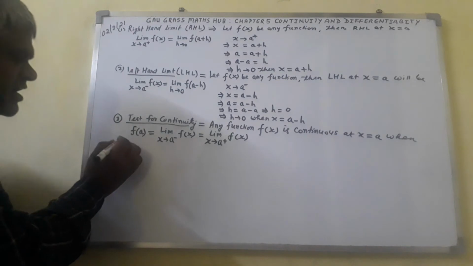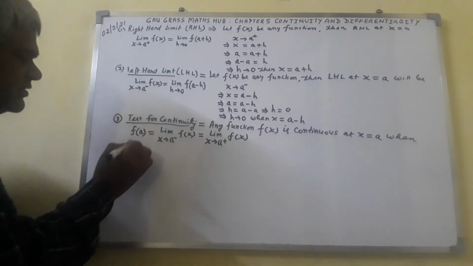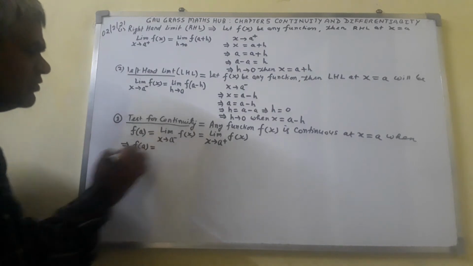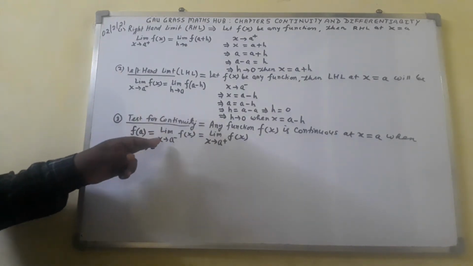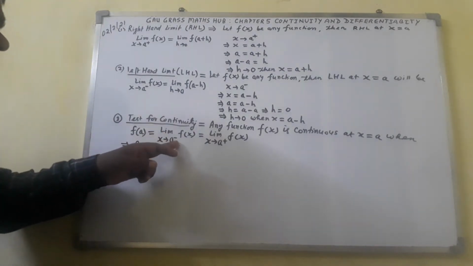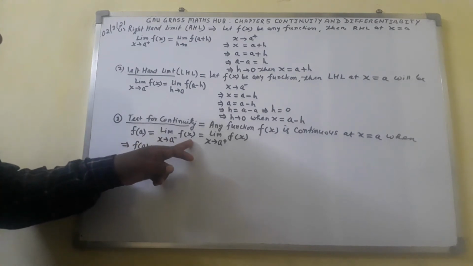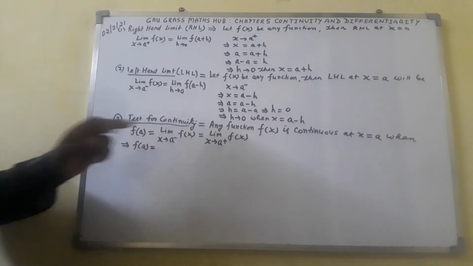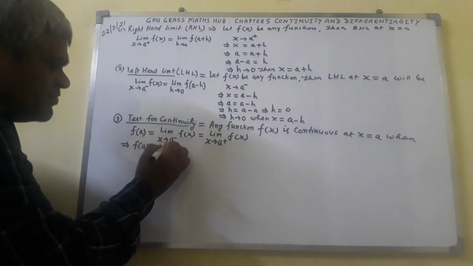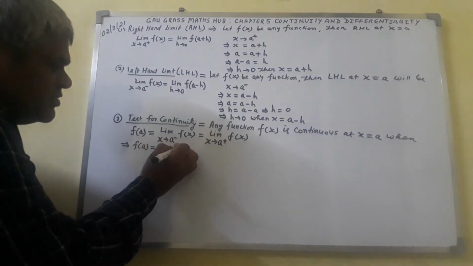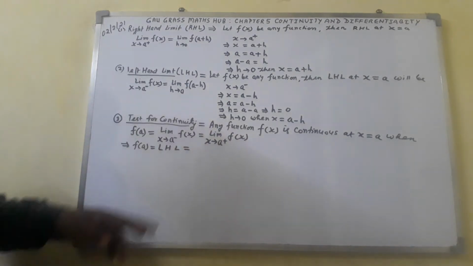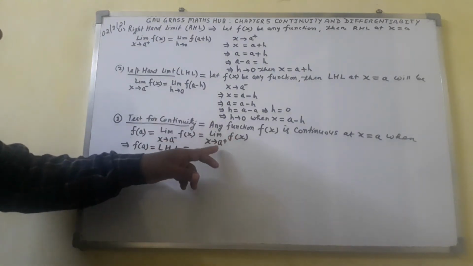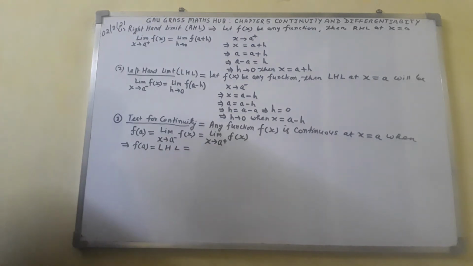So here I can write, this implies that f(a) equals the limit as x tends to a from the negative side of f(x), which can be represented as the left hand limit. This equals the limit as x tends to a from the positive side of f(x), which can be represented as the right hand limit.